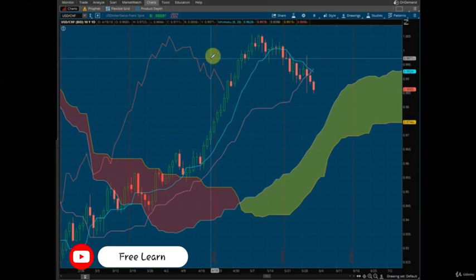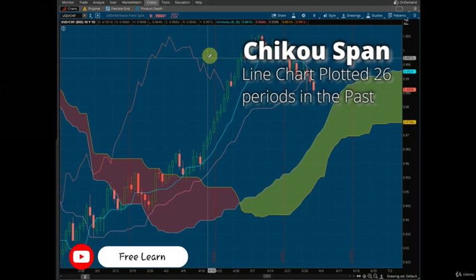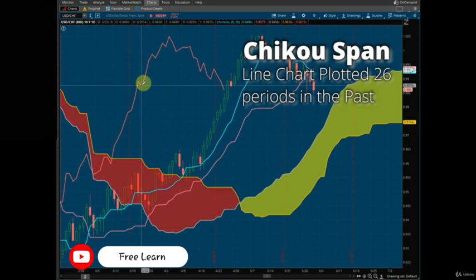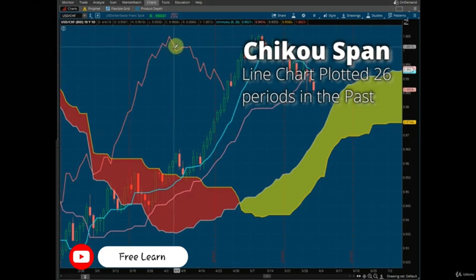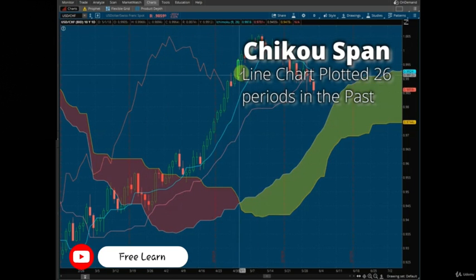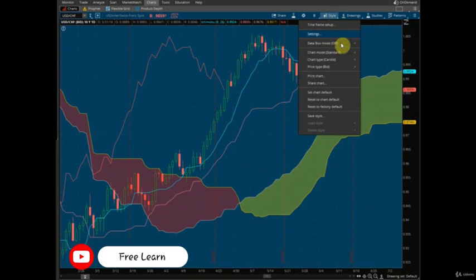And lastly, what we have is the lagging line. This is called Chiku span. This is a lagging line, and basically what it is is just the close. So it's just a line chart essentially. If you change this to a line chart, which I can do just to illustrate, then it's the exact same thing.